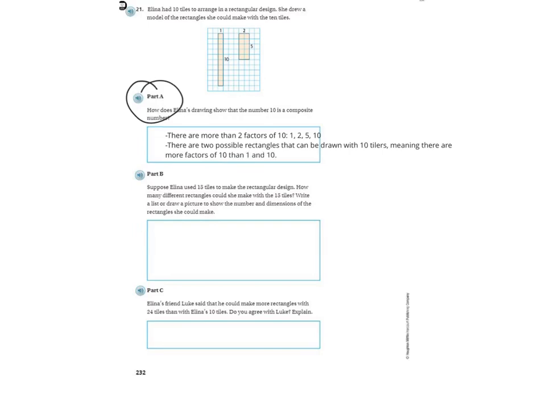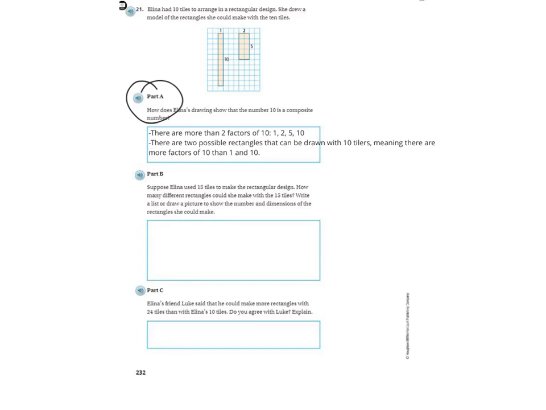And that's it. So that would be your answer. That's just explaining to me that you know what a composite number is, especially when they start throwing in pictures like this. Okay, so now, suppose Alina used 15 tiles to make the rectangular design.